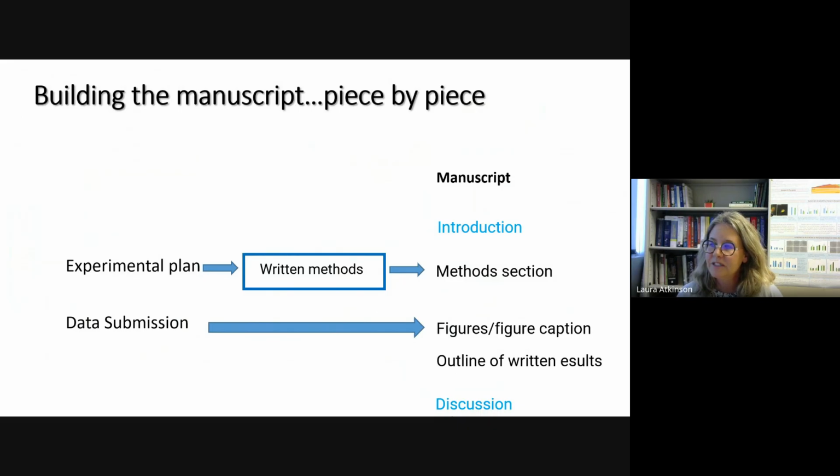And so when we come to submission of that final manuscript, all they need to do is fix up that introduction and write a discussion. So the marking load at the end is really about that interpretation of the data rather than all the things that they did throughout the semester.